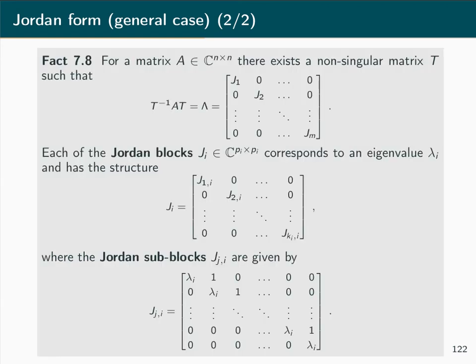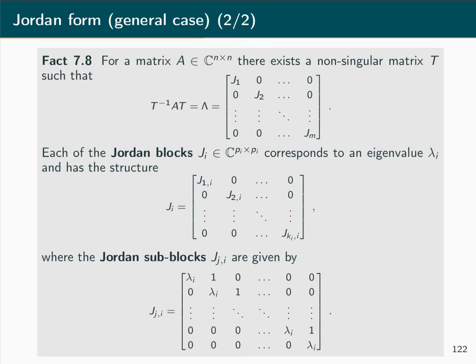Nonetheless, it's of some importance to know what the Jordan form looks like in the general case, where the matrix A is not necessarily simple or semi-simple. So for a general matrix A, there exists a non-singular matrix T, which can be used to perform a change of basis.